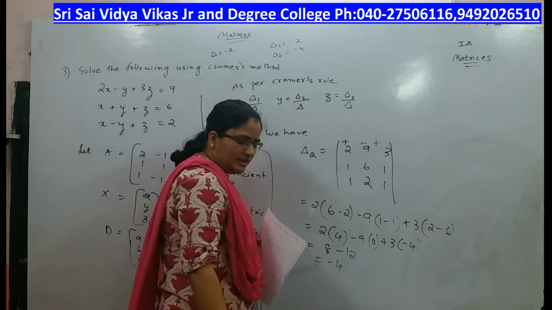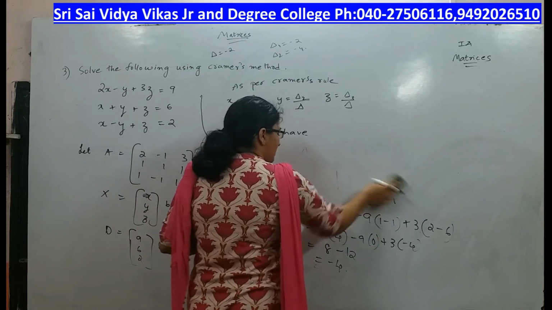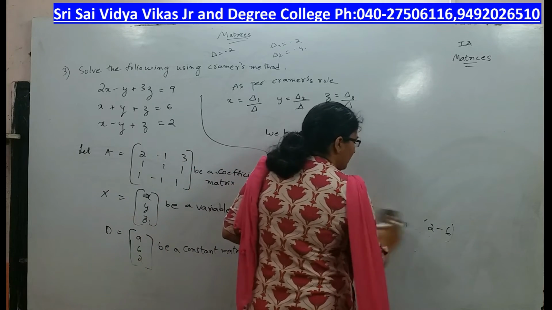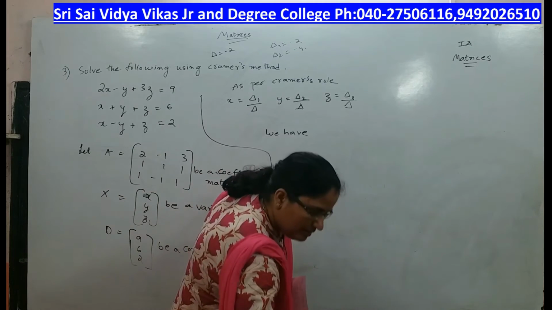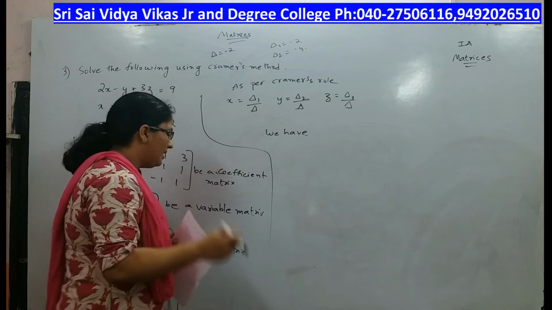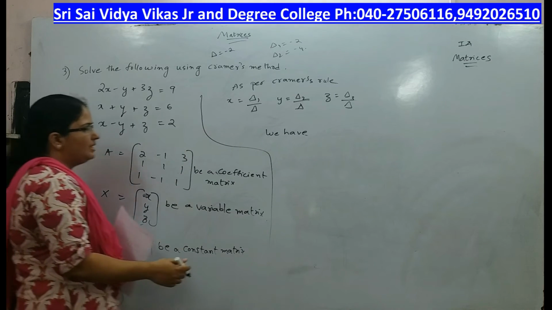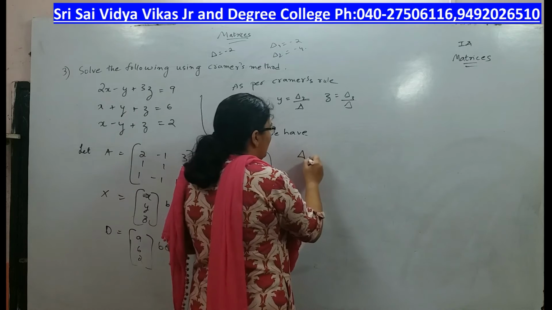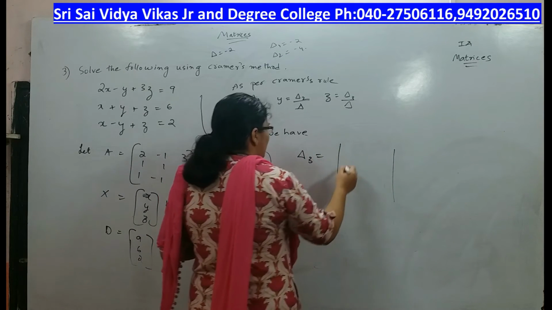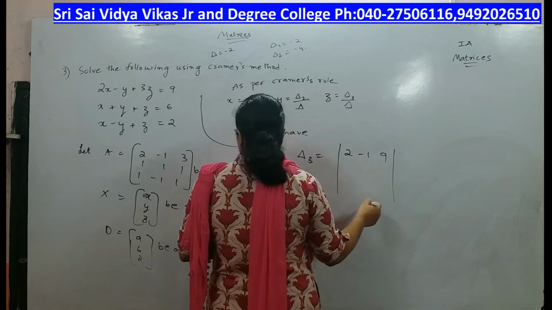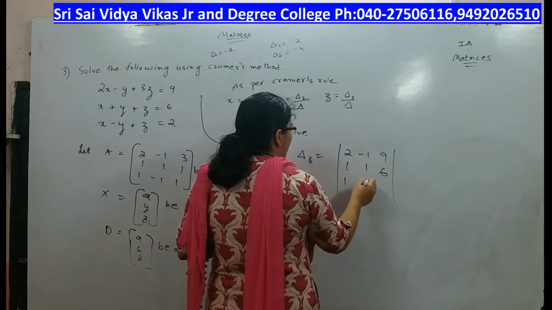Let us find delta 3 value. How do you find delta 3 value? Replace the third column with 9 6 2. Delta 3 is equal to determinant of 2 minus 1 9, 1 1 6, 1 minus 1 2.